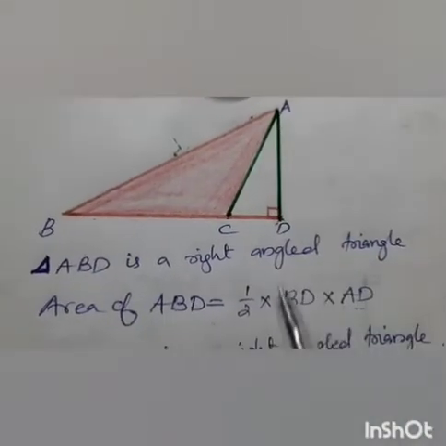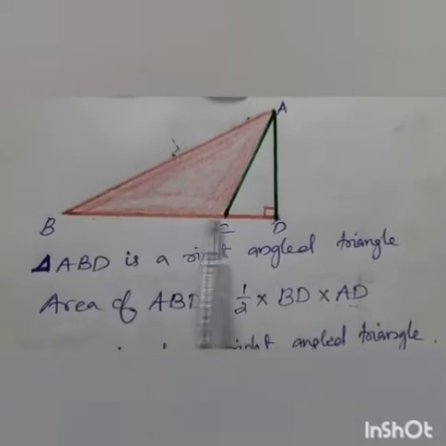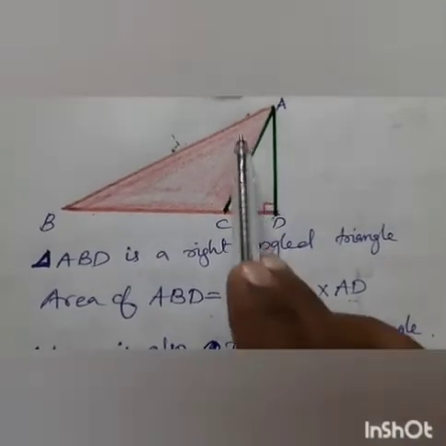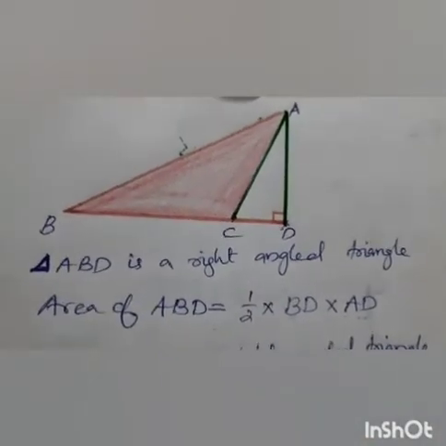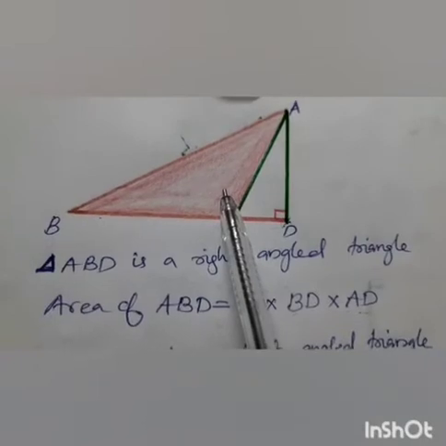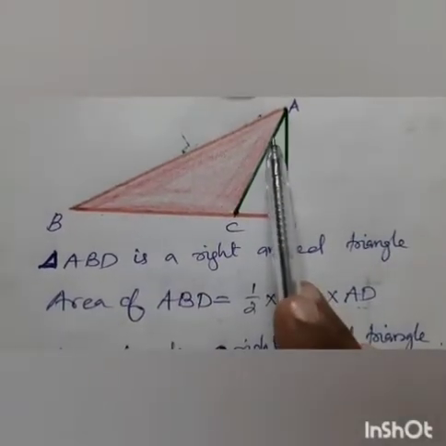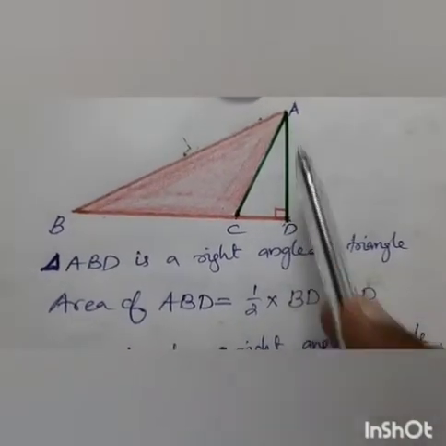Base length into height. So it should be done like this. From the bigger triangle, we are subtracting the area of the smaller one, then we are finding out the shaded portion. So to find out the area of this type of triangle, what do we have to do? The area is half of the product of the side and the height from it.